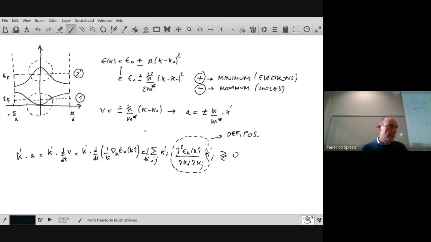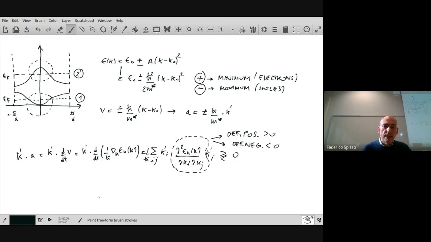definite positive, then I'm sure that irrespective of the specific Ki I'm considering, that summation will be positive. If this matrix is definite negative, then I know that the initial scalar product will be negative in sign.